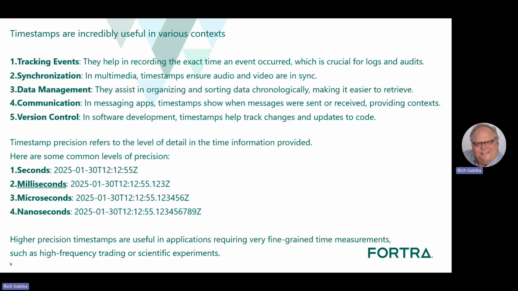Microseconds contains 6 decimal points after the second. So remember, again, we're looking at year, month, day, hour, minute, seconds, and then decimal point to the right of seconds. So we have 6 digits. That's a microsecond, and you can go down to nanosecond precision.